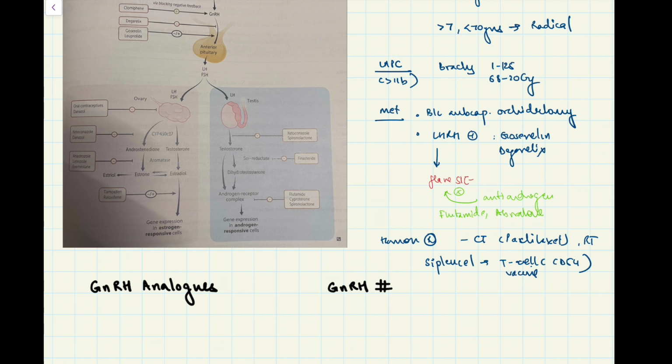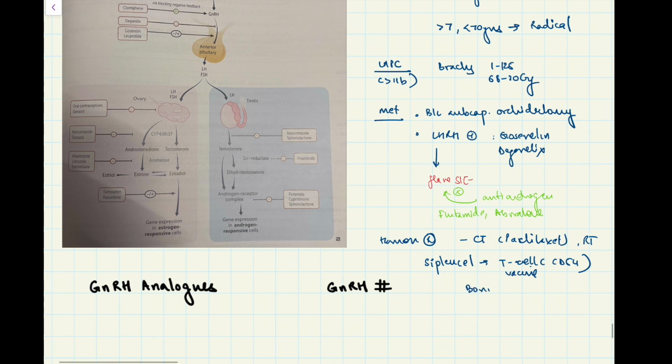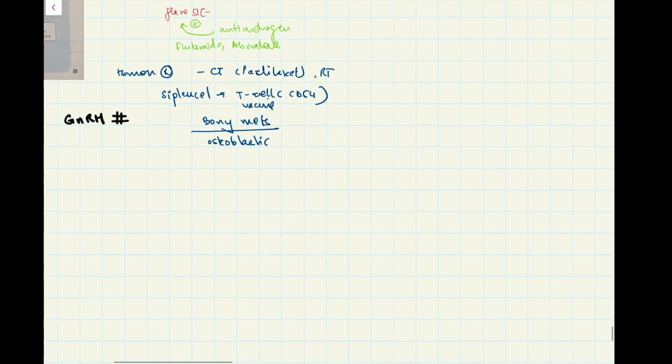Then for bony mets, the most common type of bony mets in prostate is an osteoblastic met more than an osteolytic, right? It goes to the vertebral column by Batson's plexus.